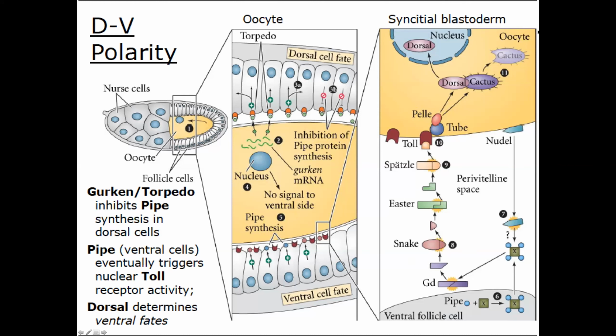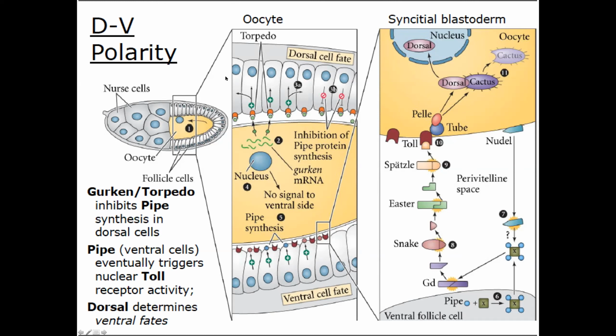With fertilization, the nuclear divisions, and the syncytial blastoderm formation, is when the specification of the ventral cells of the embryo is going to happen.